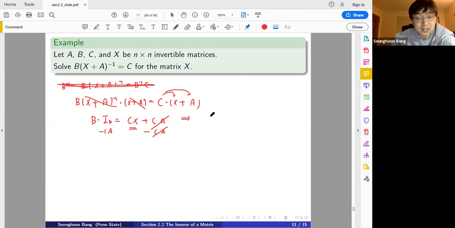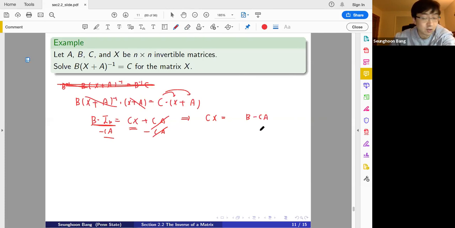On the right hand side, only CX equals B minus CA, since B times I_N is only B, right?